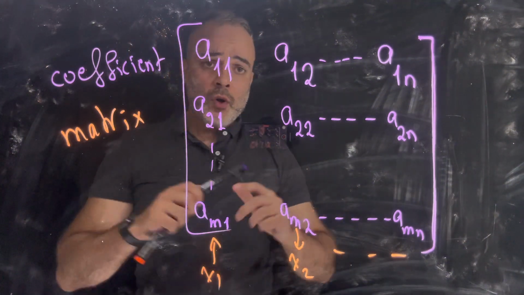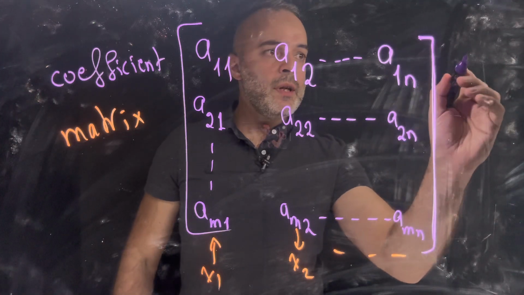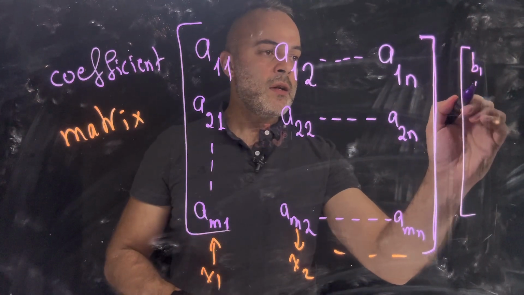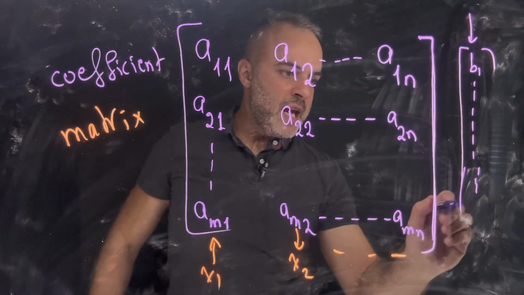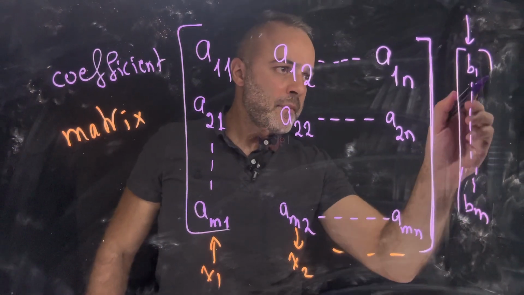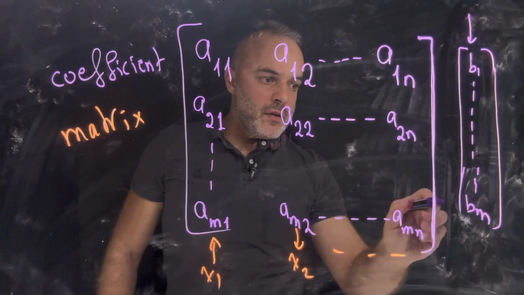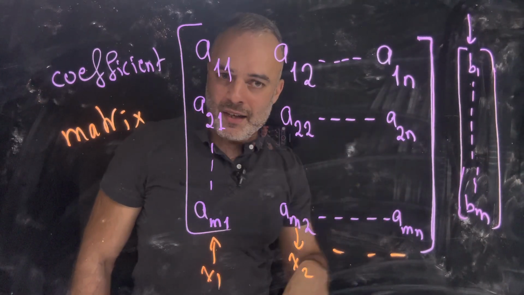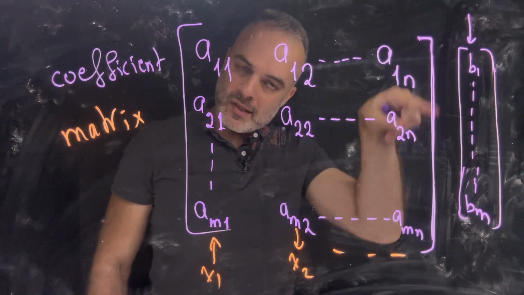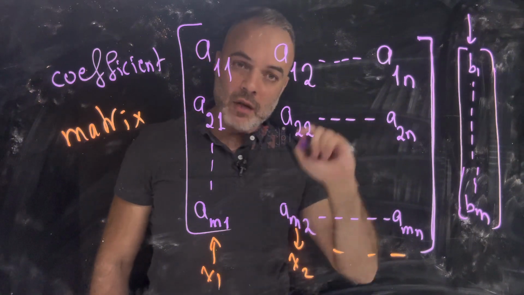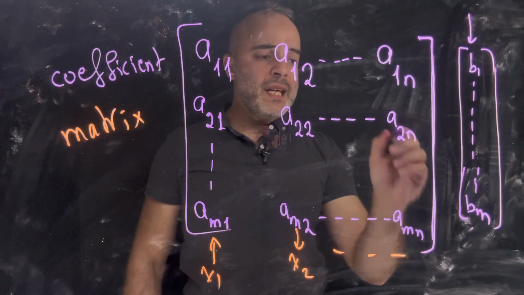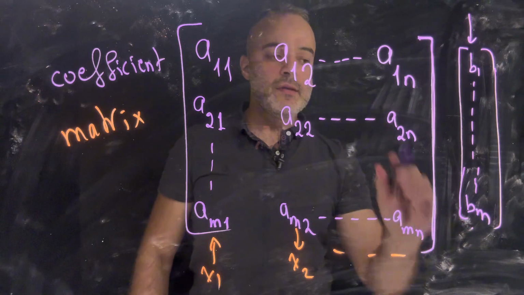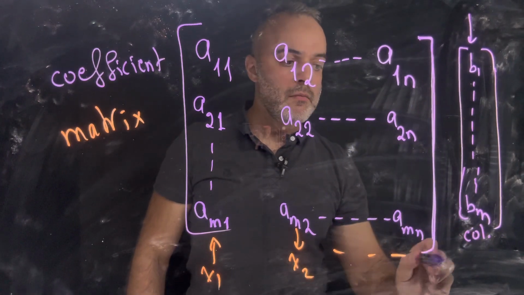And moreover, if I'm only interested in the matrix which talks about the right side, which is B1, B2, down to Bm, right? This matrix contains one column and m rows. In each row, we only have one element. This is why we have one column. A matrix which only contains one column is called a column matrix.